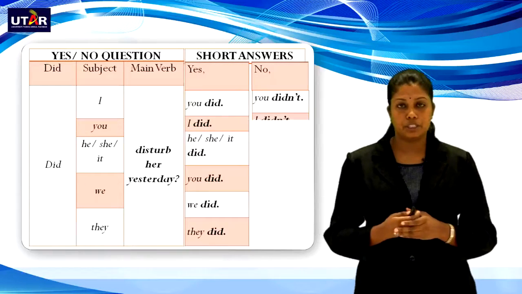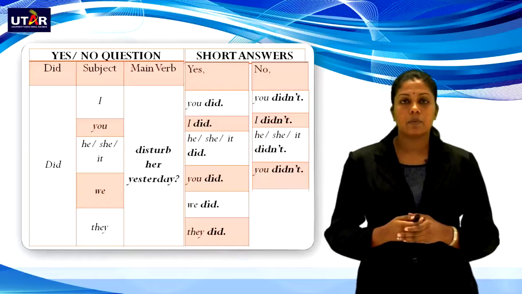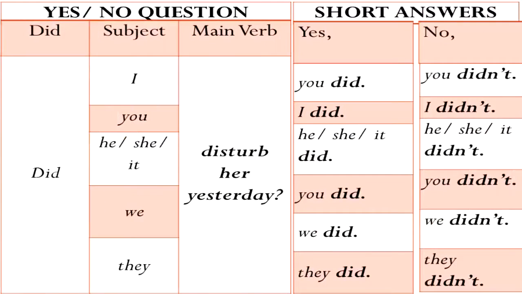For yes/no questions, did will be used at the beginning of the sentences. Did I disturb her yesterday? If you see, the main verb disturb is in base form because we have used the auxiliary verb did.